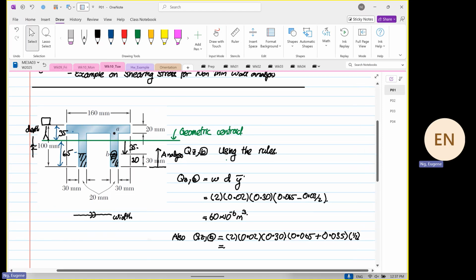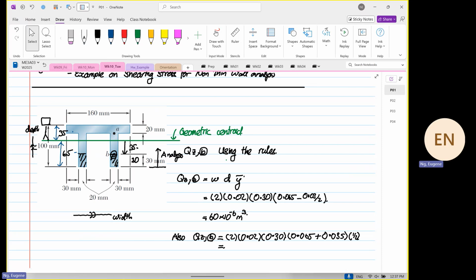Okay. So if we do that, 0.065 plus 0.035 times 0.5 times 0.03. Eugene, can you put a 0.03 over here? Okay. So 0.065 plus 0.035 times 0.5 times 0.03 times 0.02 times 2, you get 60 times 10 to the power minus 6 also.